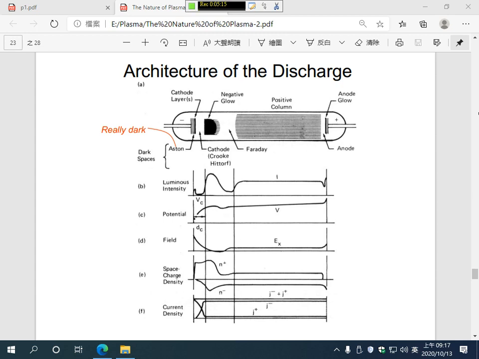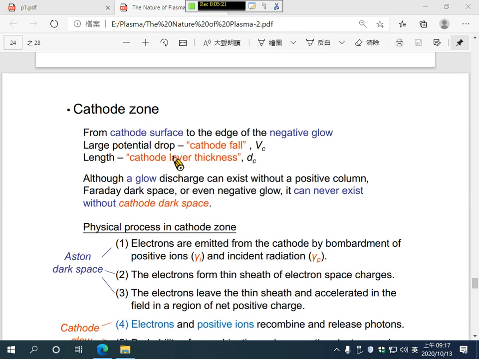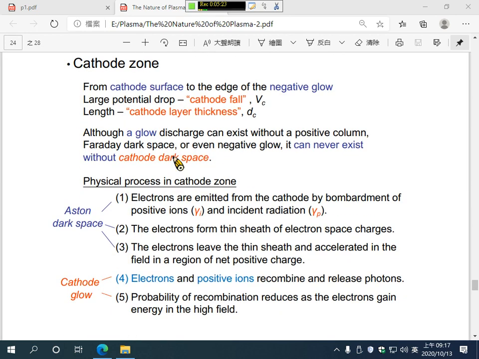Two different zones. And last week, I already went through the reaction in the cathode zone.